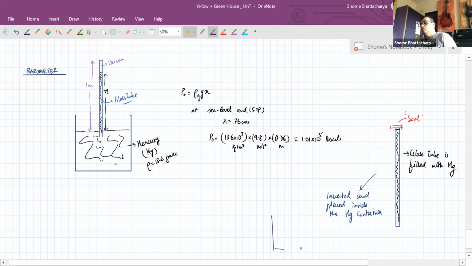So this is the mercury container. So we invert this, right? So this closed end is on top. It's full of mercury.